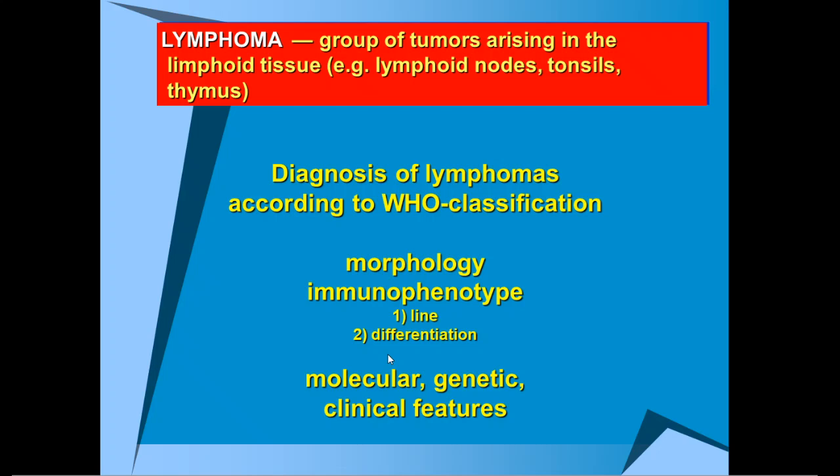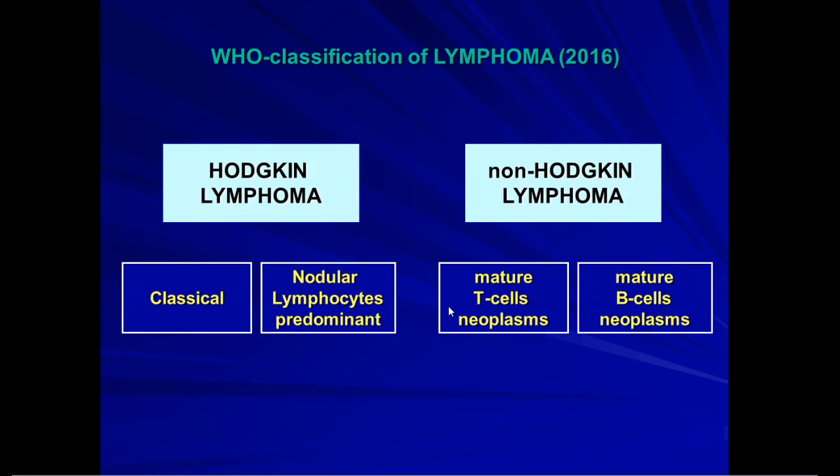So lymphomas could be divided into two main groups: Hodgkin lymphoma and non-Hodgkin lymphoma.